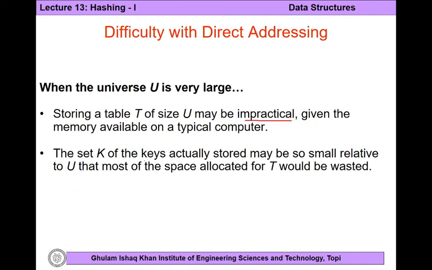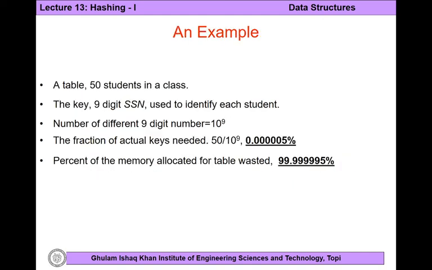The set K of keys actually stored may be small relative to U, so most of the space allocated for T may be wasted. For example, if the set U is very large compared to set K, then most of the space is simply going to be wasted in case of a direct addressing table.